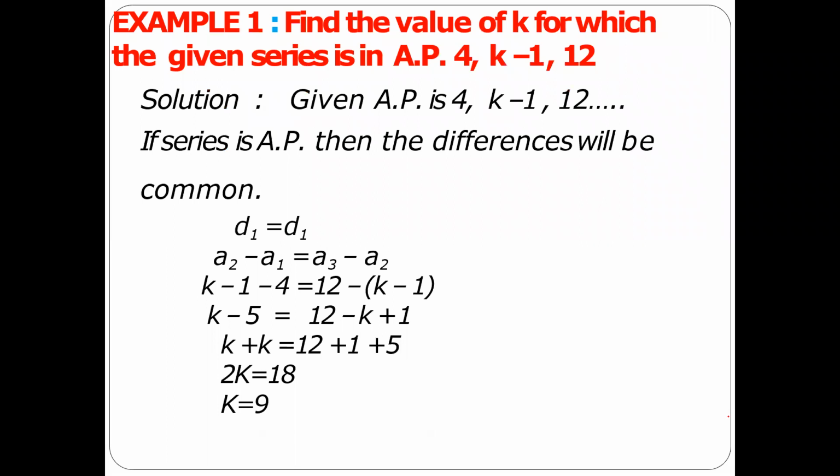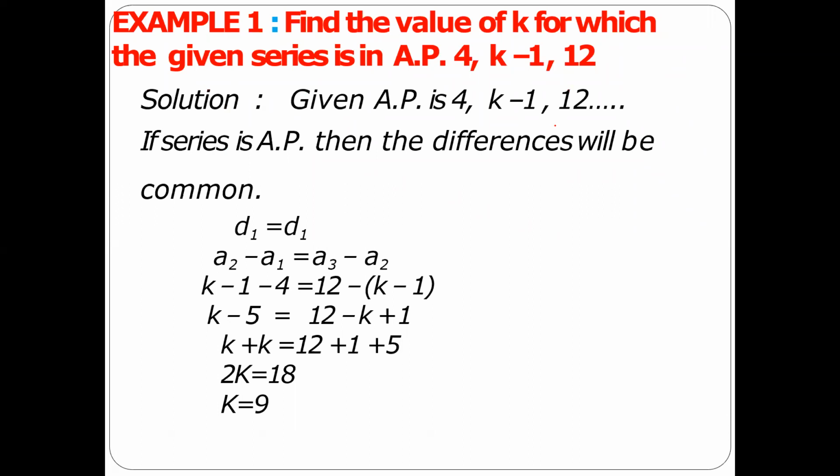Find the value of k for which the following series is in AP. The given numbers are 4, k minus 1, 12, and they are in AP.